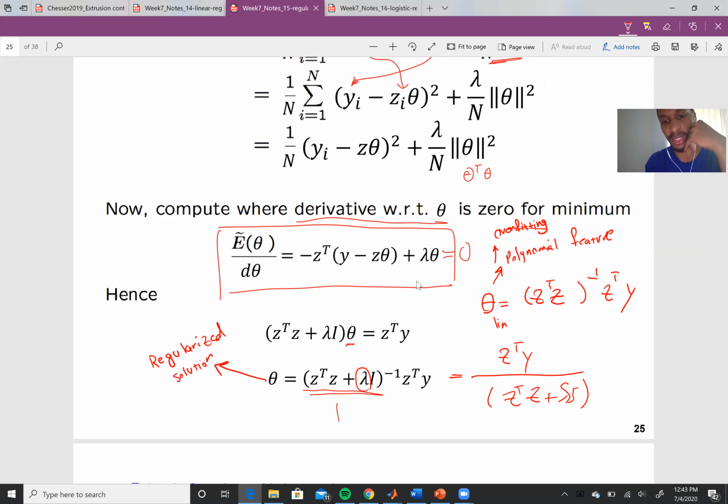So your identity matrix is going to be d by d, I think. And so then you have a one-shot regularization solution using whatever lambda you choose.